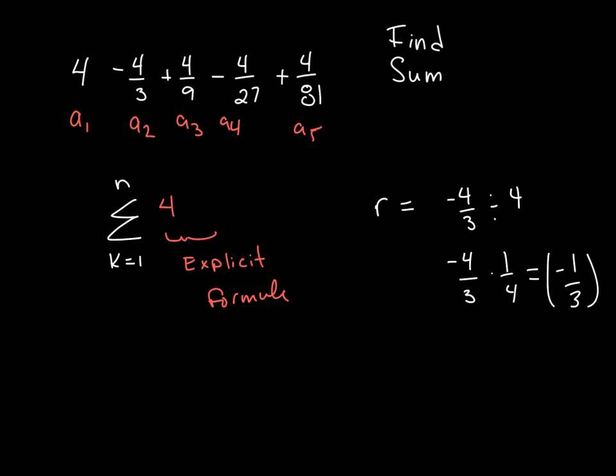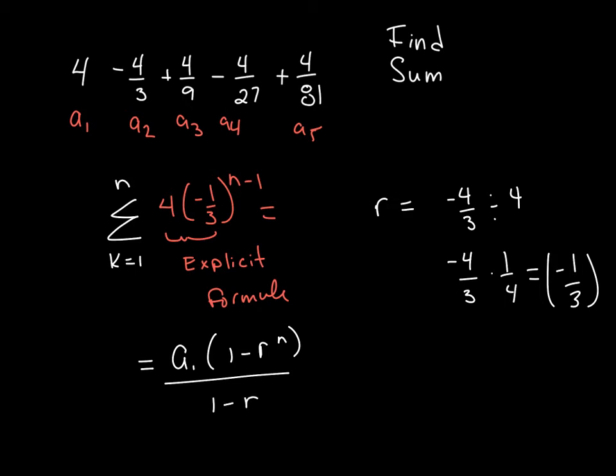So then I take that common ratio, negative 1/3, and that is to the n minus 1 power. So again, I want to find the sum of this, and the sum is equal to a1, 1 minus the ratio to the nth power, all over 1 minus r. So that just gives us 4 times 1 minus negative 1/3 to the 5th power.